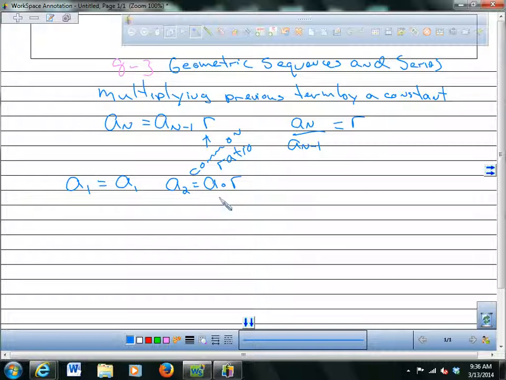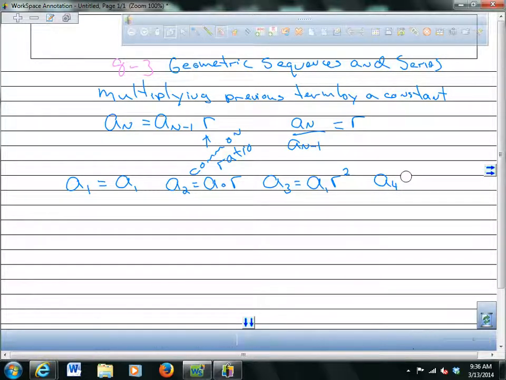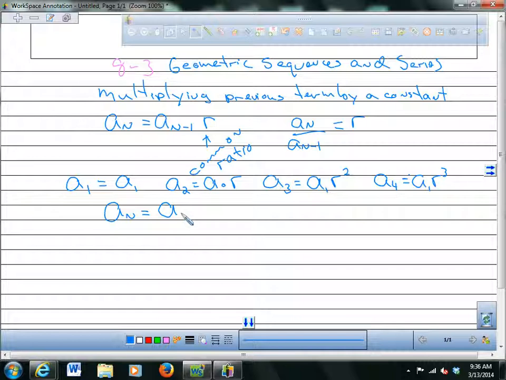And a sub 3 would be a sub 1 times r squared, because you're multiplying by r again, and so on. So a sub 4 would be a sub 1 times r cubed. So a formula for the nth term is a sub n equals a sub 1 times r raised to the n minus 1.